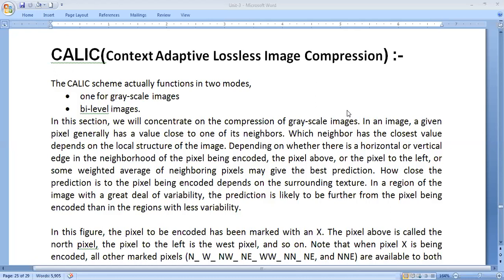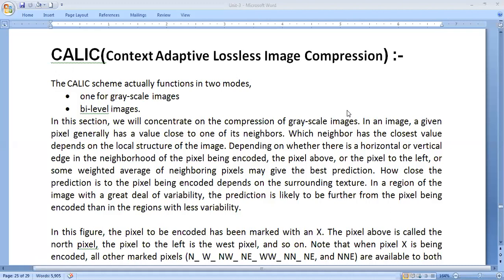So in an image, a given pixel generally has a value and it has some neighbors' values. Which neighbor has the closest value depends on the local structure of the image, and on whether there is a horizontal or vertical edge in the neighborhood of the pixel being encoded.